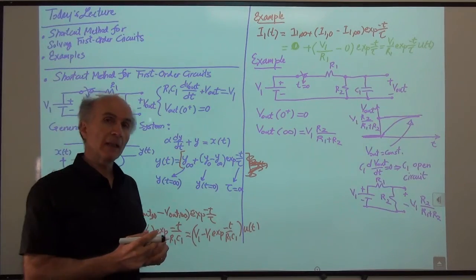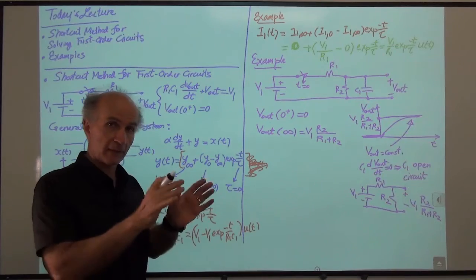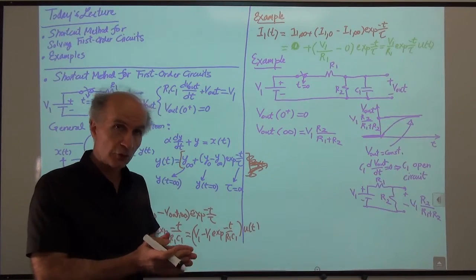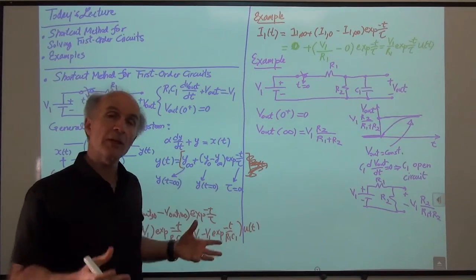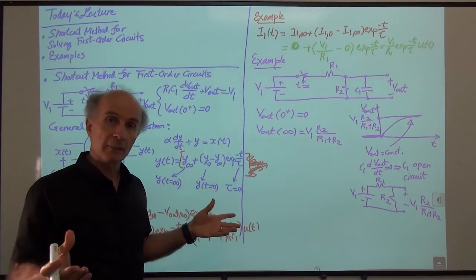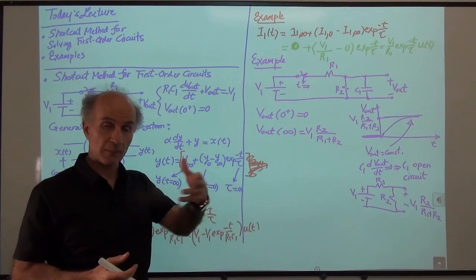As you can see, a great deal of thinking based on fundamental principles is necessary to figure these things out in the circuit. If we just sit down and try to write equations, we may get nowhere, because some of these things are not necessarily available just by writing equations.